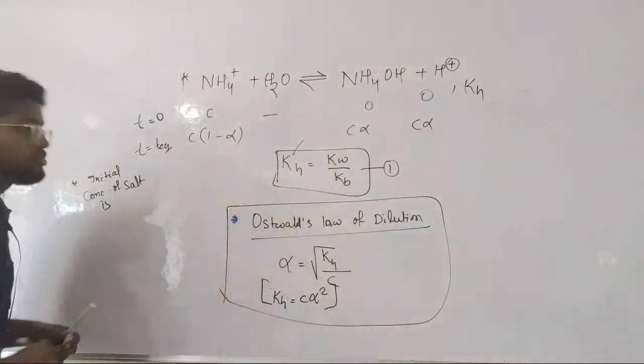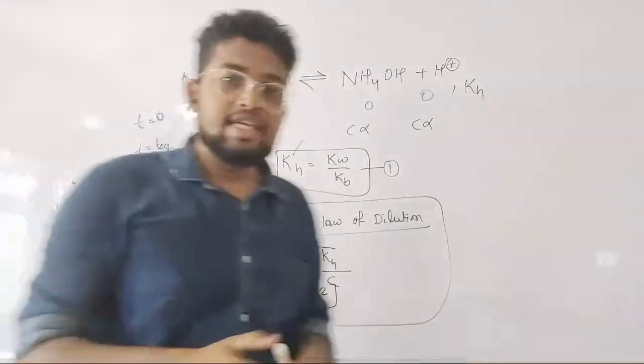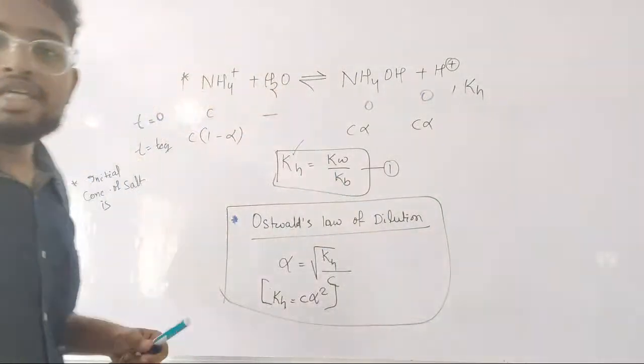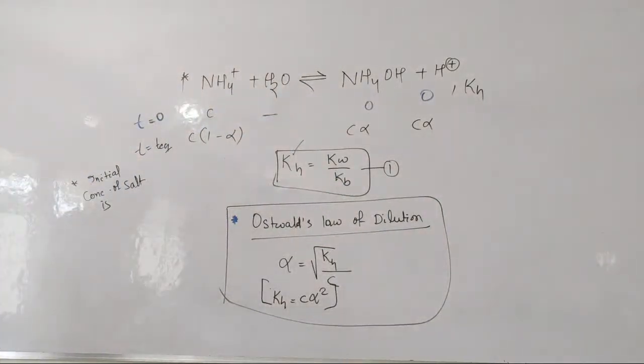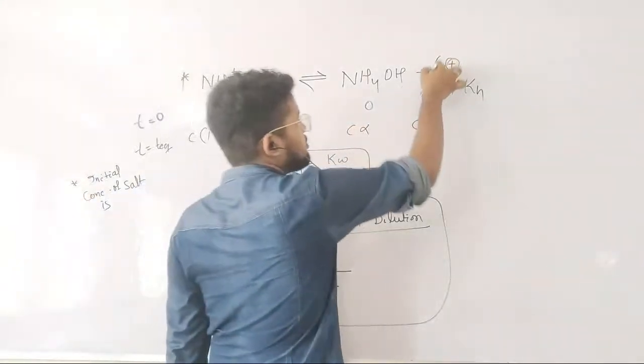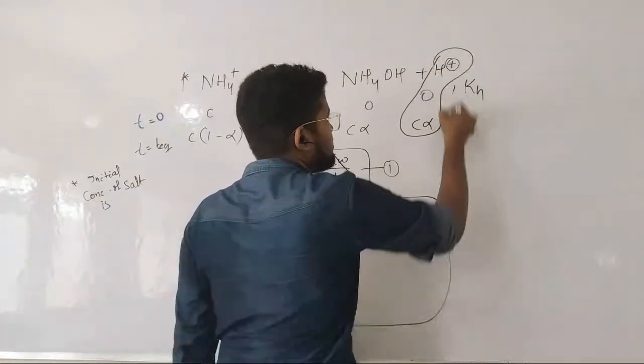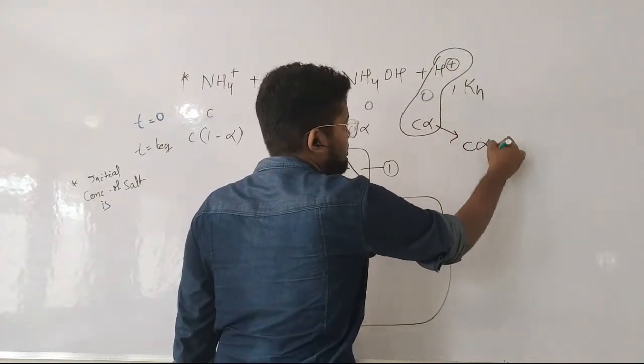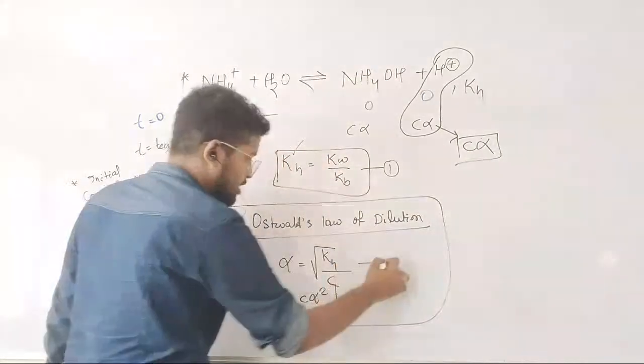Okay. So Ostwald's law of dilution says that the equilibrium constant will be C alpha square. And here we need to calculate pH. So what concentration do we need? We need C alpha only, right? We have the value of alpha.